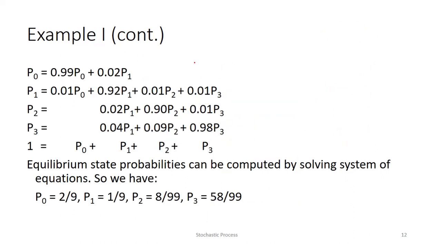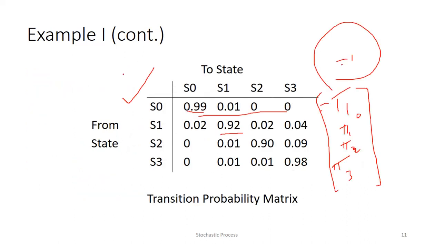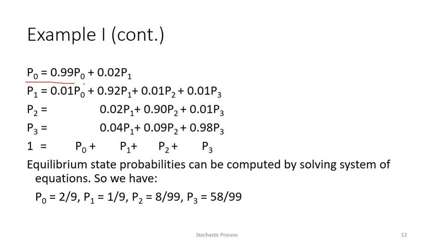See, here I am taking p naught in place of pi's. First we have here p naught, here p1. 0.99 p naught, 0.02 p1. Okay, for this example for p1, p2, this is the final equation.